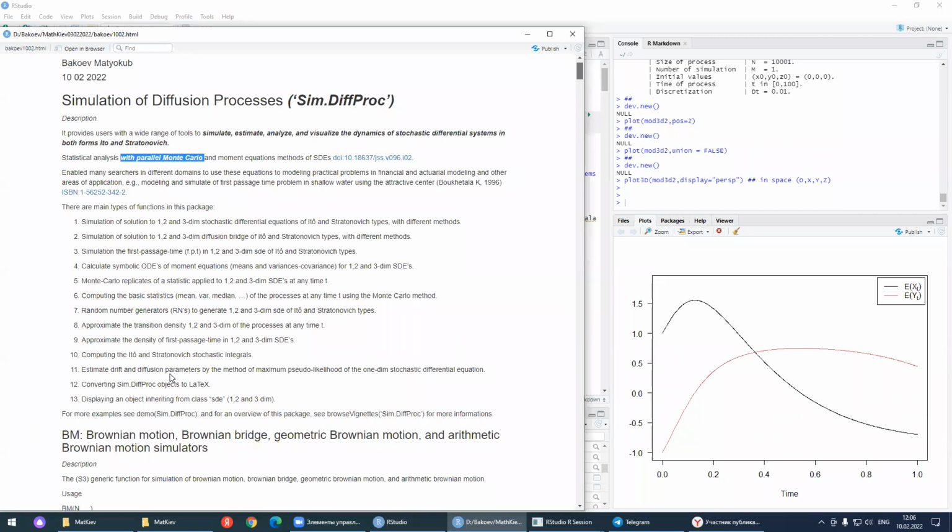Converting a simulated diffusion SimDiffProc object to LaTeX, because you can convert some graphics or tools to LaTeX too. Displaying the object class of stochastic differential equations in 1, 2, 3 dimensions. These are the main functions of this package.